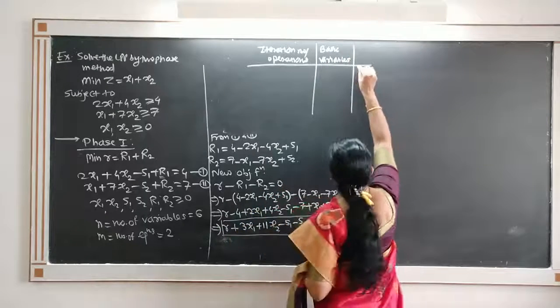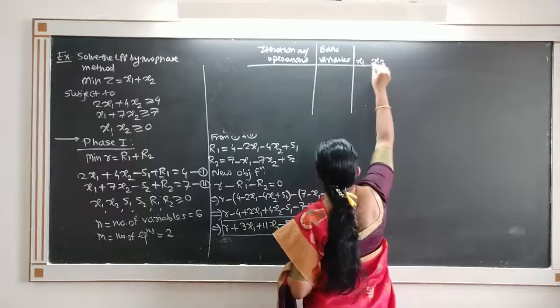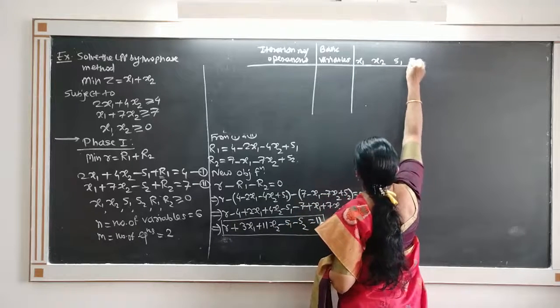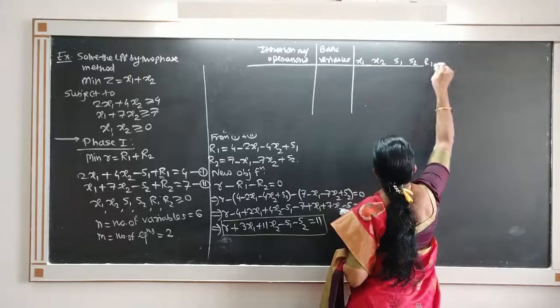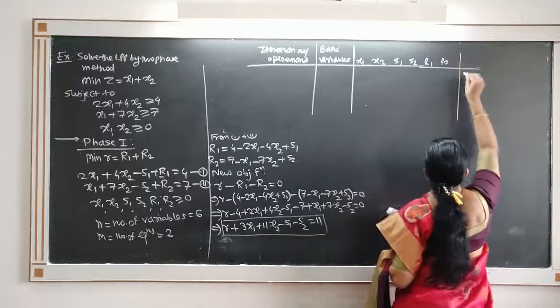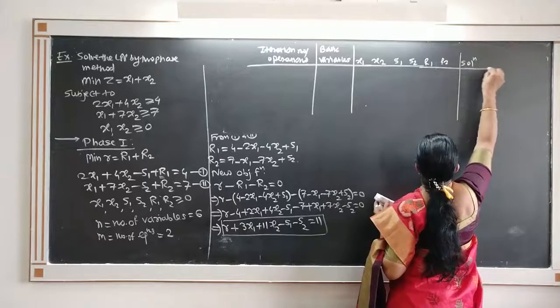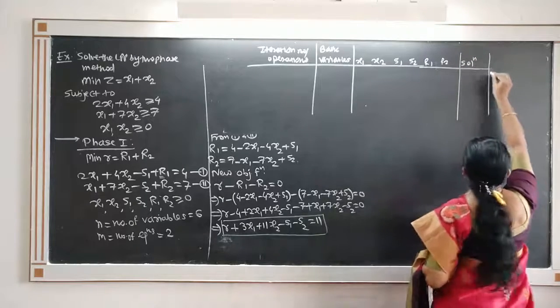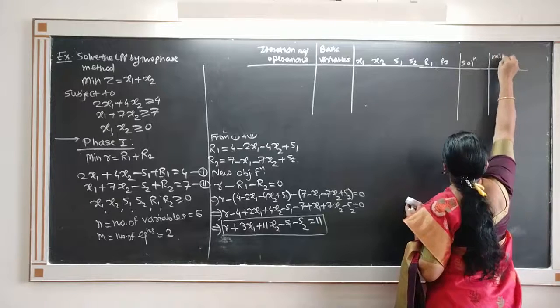Then all the variables which are present, that is x1, x2, s1, s2, r1, r2, then solution, and minimum non-negative ratio.